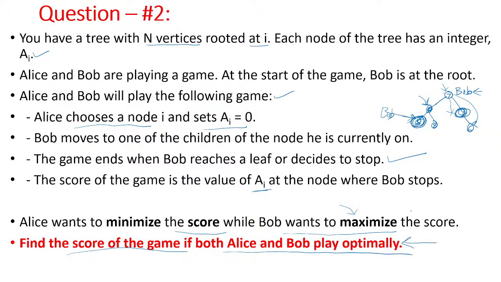That is what optimally means. Alice always chooses so that the score of Bob will be minimum. And Bob always tries to go to a node whose value is highest. This is called the optimal way of playing the game.